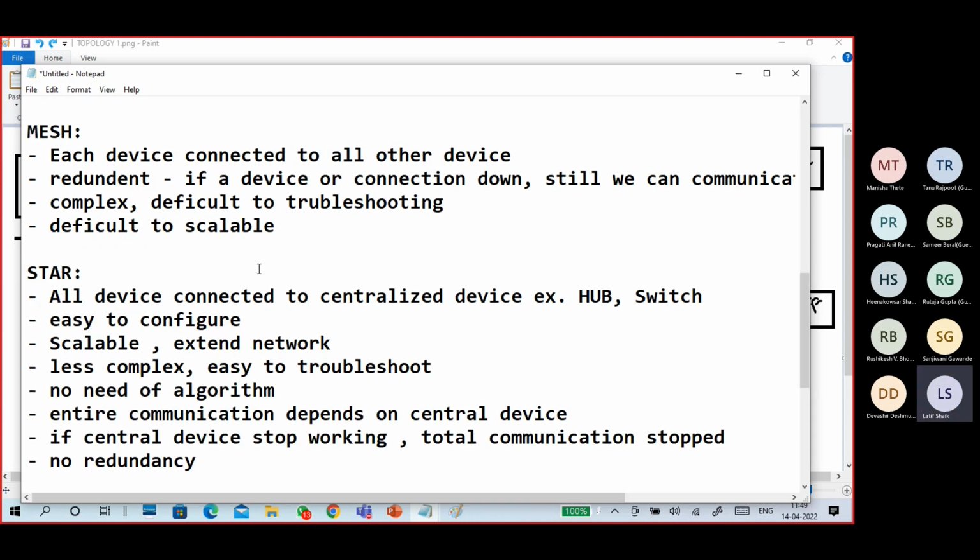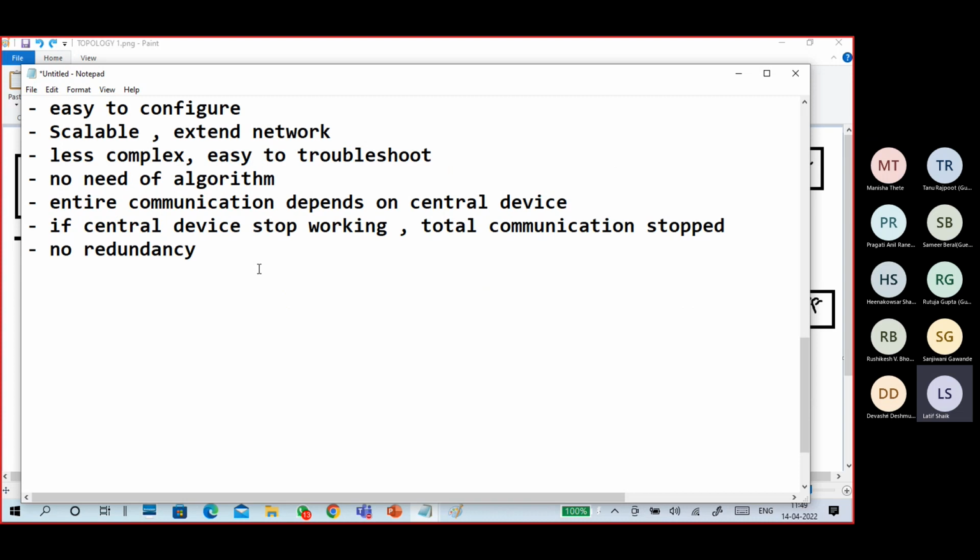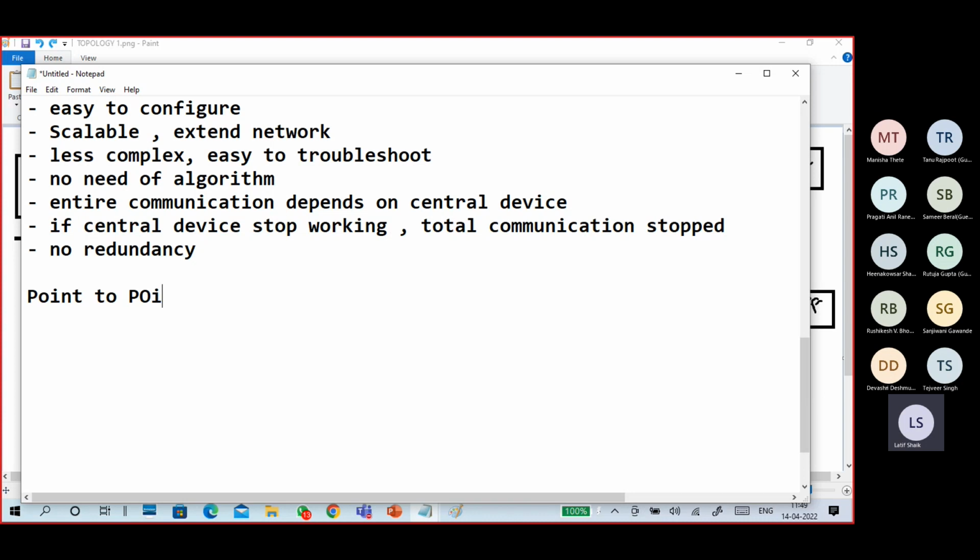So hybrid topology means a combination of one topology with other topologies, but point to point. What is point to point topology? A device is connected to another device, simply a point to point.